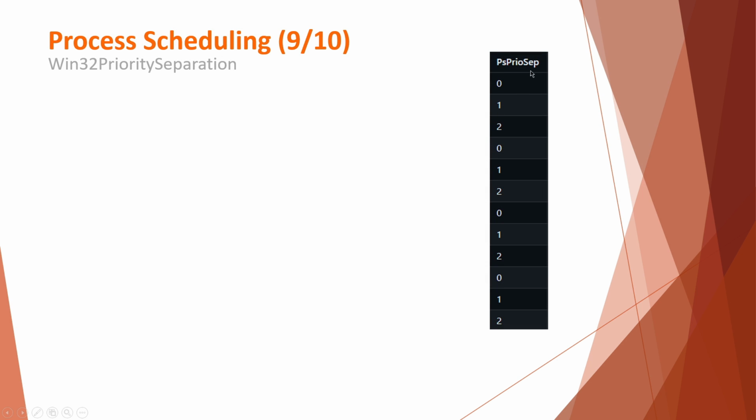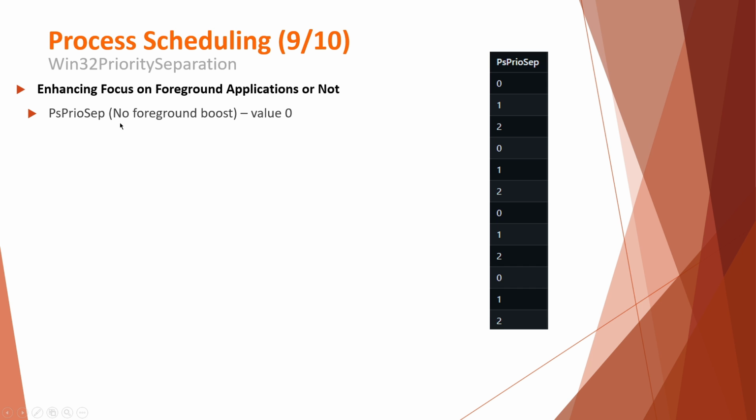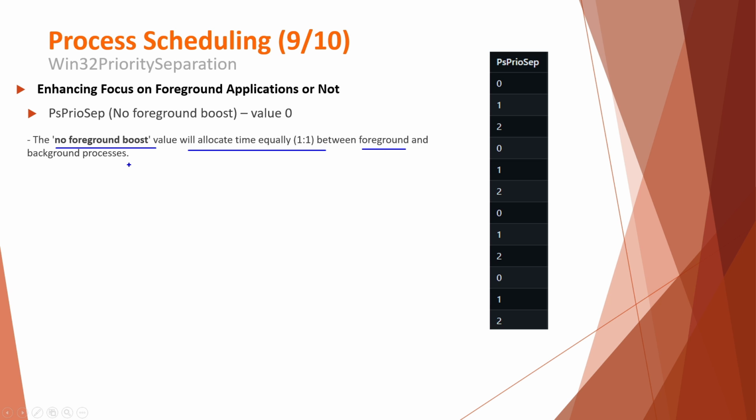Now let's explain the PS priority separation. Enhancing focus on foreground applications or not. The PS priority separation, if we have the value 0, is no foreground boost. The no foreground boost value will allocate time equally, 1 by 1, between foreground and background processes, which means we have the same time in foreground and background, not more in foreground or more in background.